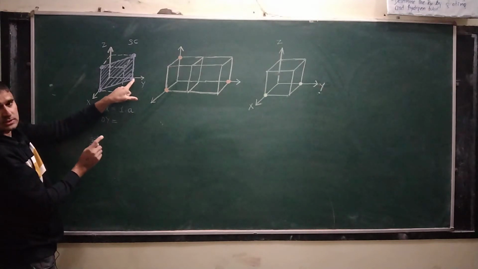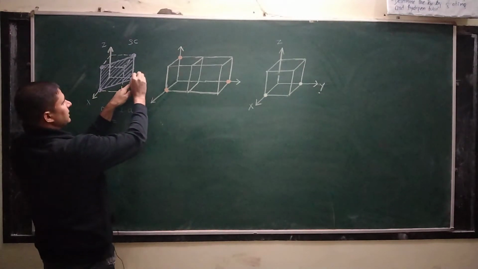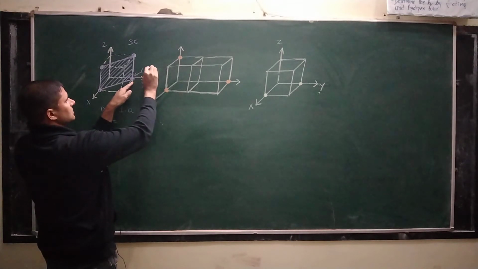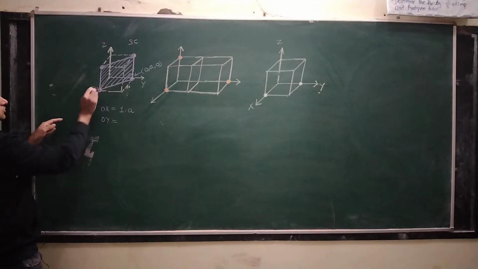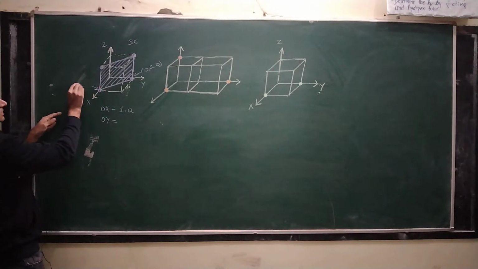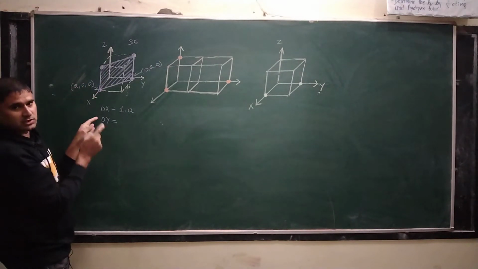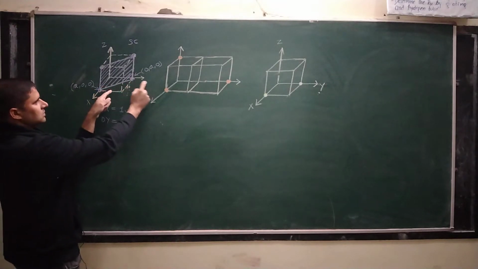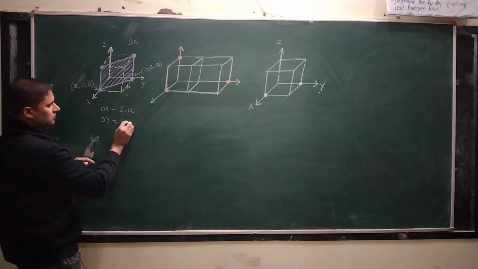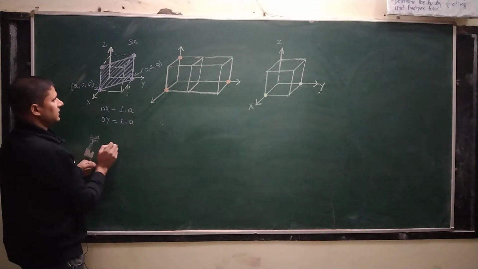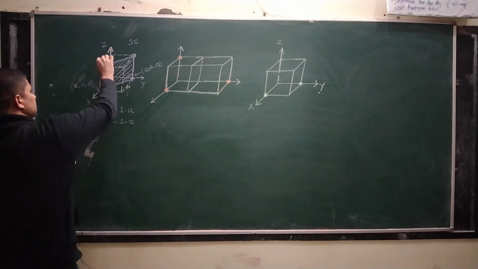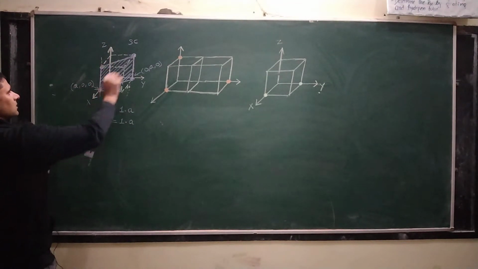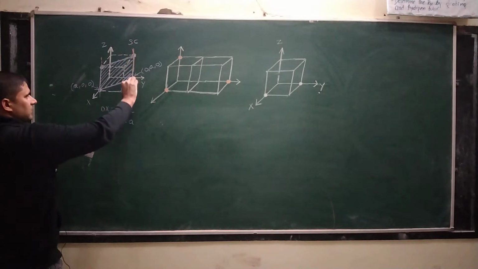Here also, see what is this coordinate? This coordinate is 0, A, 0, okay, and this coordinate is A, 0, 0, okay class. So in this way you can see along the y direction we have intercept at 1 times A, and see that these two sides are parallel to the z axis.